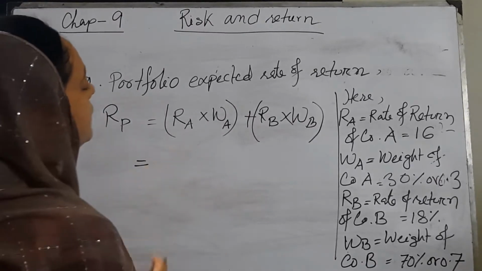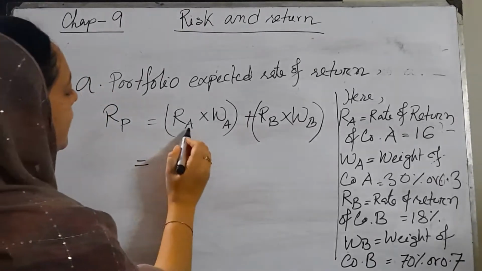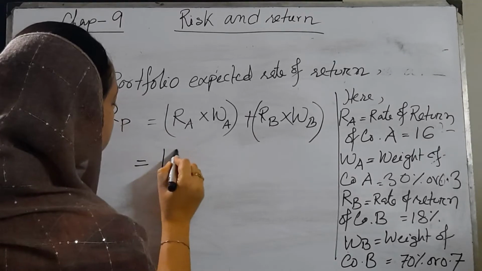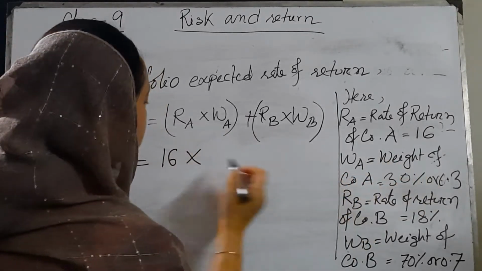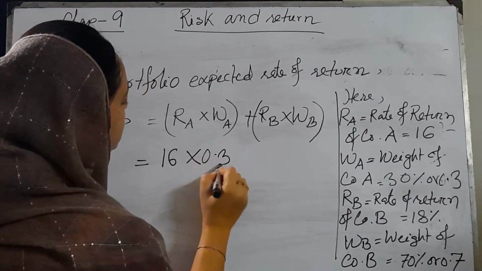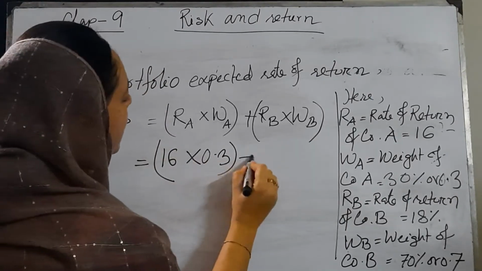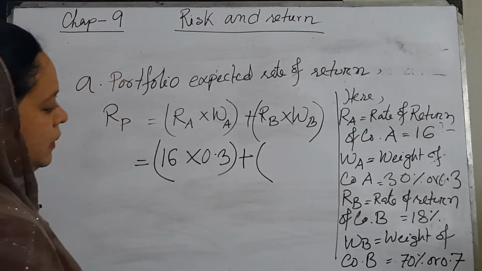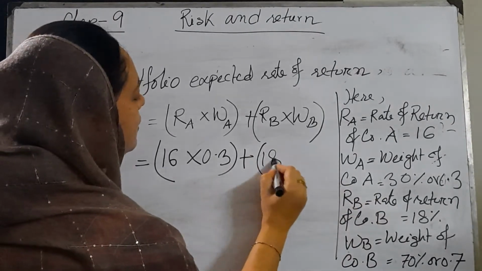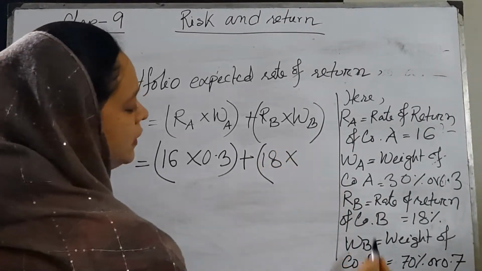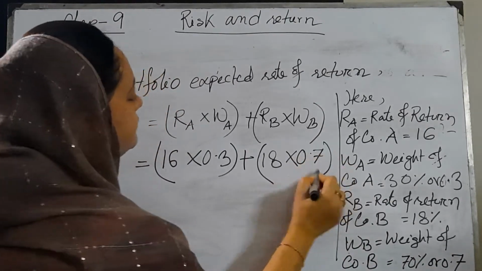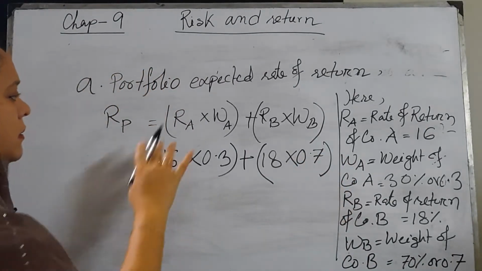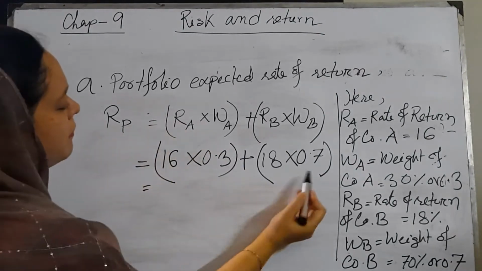Please focus here, my dear students. RA, it means 16, multiply WA, it means 0.3, plus RB, it means 18, multiply WB, it means 0.7. That's the formula and the math.